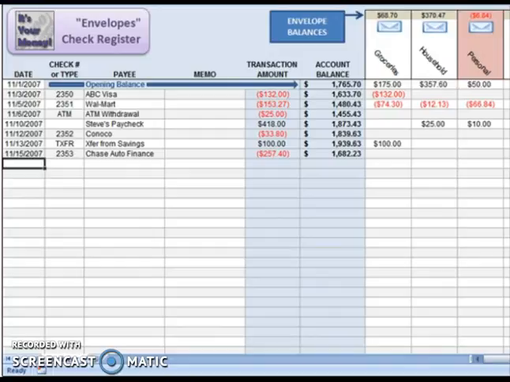Another good thing about this is it can help you pay off debt. If you're constantly having money left over, then that means that you've over-allocated for those particular categories. What you can do is take some of that money and put it toward paying off debt, start using some of that to bring that debt payment down.